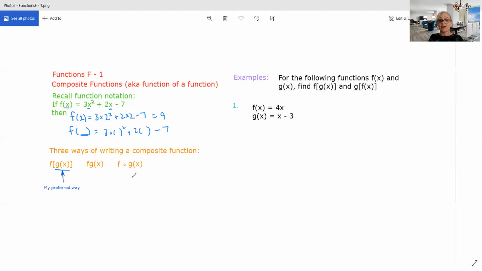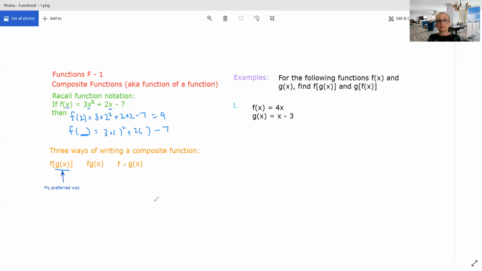Some textbooks use f circle g, f of g of x. It doesn't mean fog. It probably is a bit of a fog when you start learning how to do these things, but it doesn't mean fog. It means f of g. My preferred way, whatever the way you start doing it, is to put it into this version as you're working it through. I'll do some examples.